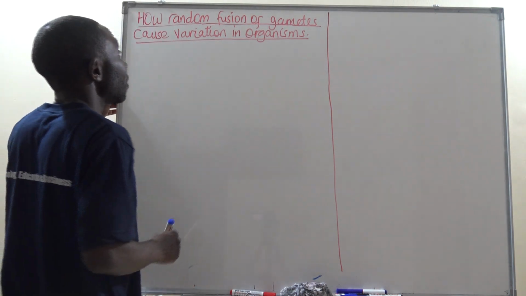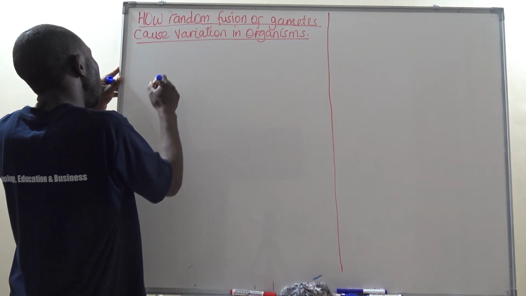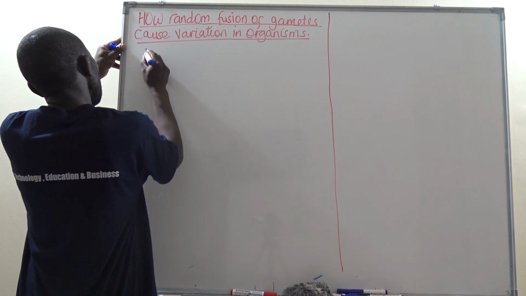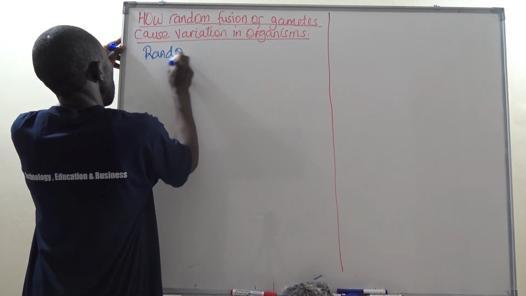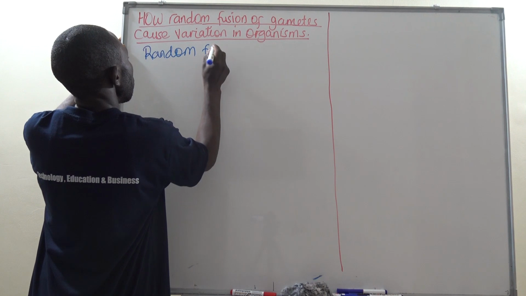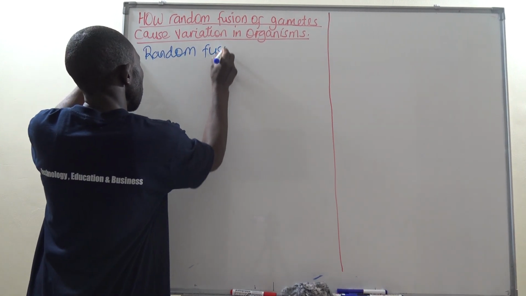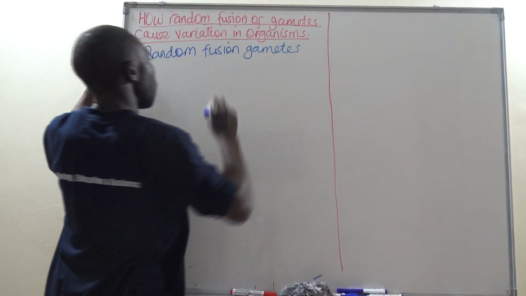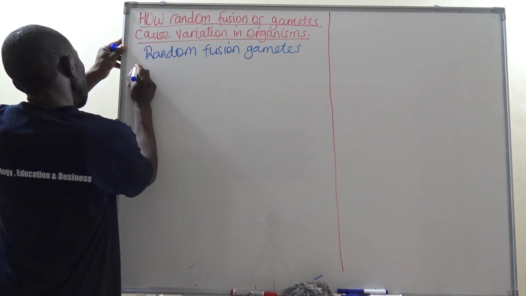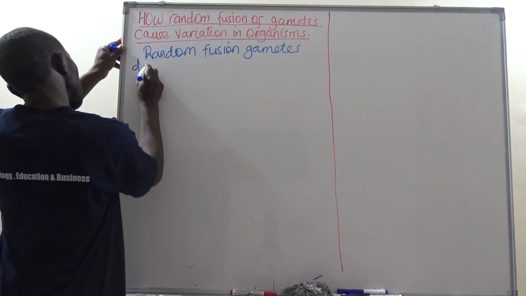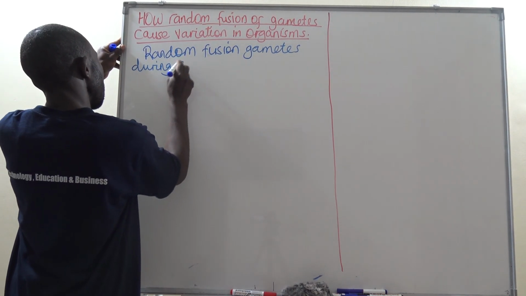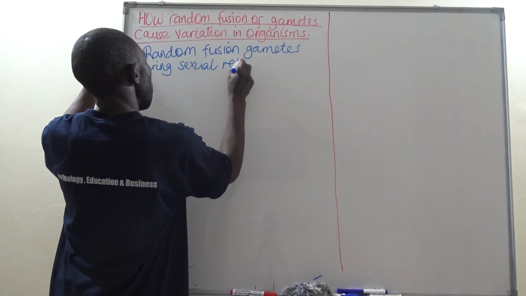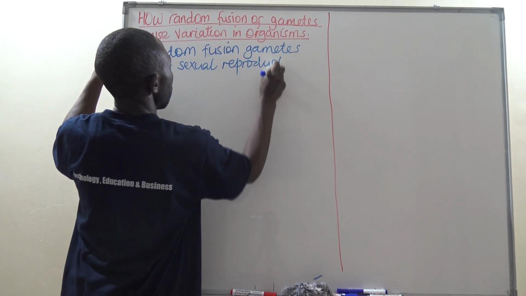So we are saying that random fusion of gametes occurs during sexual reproduction.